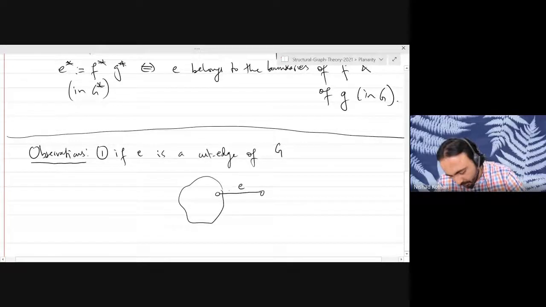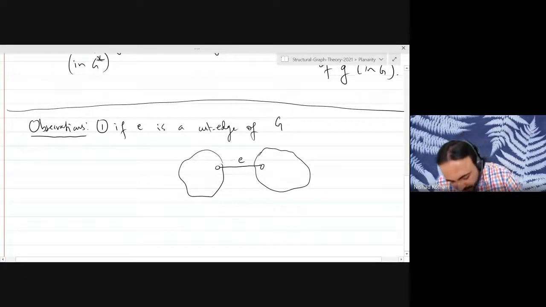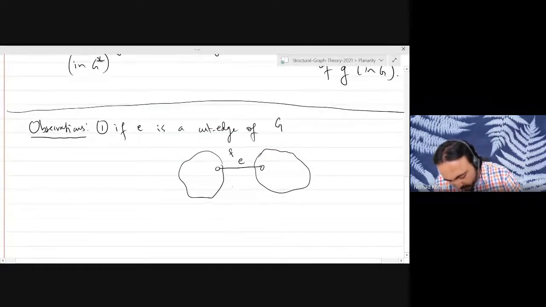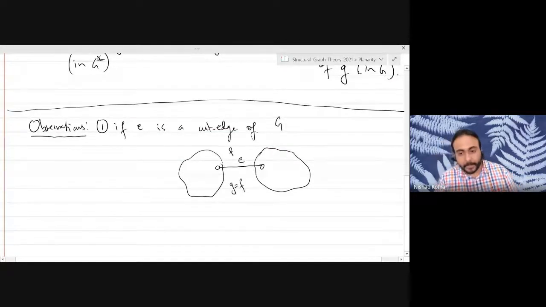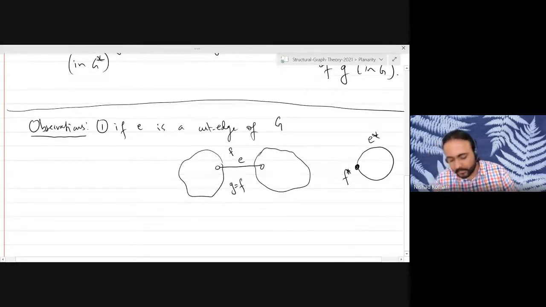So your graph looks like this, right? And on both sides of E, you will have the same face. If this is the face F, this is also the same face F, right? So what will happen in the dual is the face F star will be adjacent to itself by the edge E star. I'll make an example and show it to you.